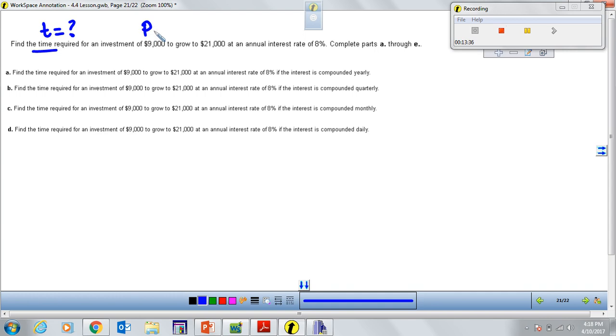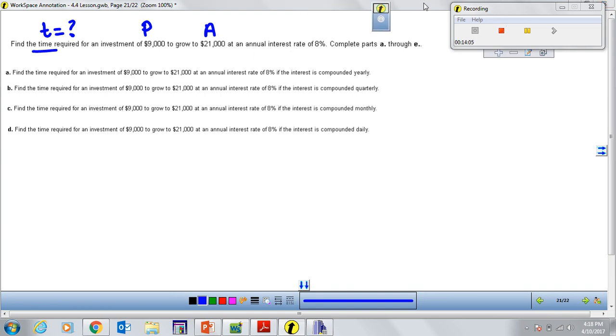Your investments are usually going to be your present value. What you're going to start with, which in this case is an investment, is going to be your present amount. So find the time required for an investment to grow to this much. In the future, you want this now 9,000 to grow to 21,000, and that's future value, that's represented with the letter A. I'll write the formula down right now that we're going to use.